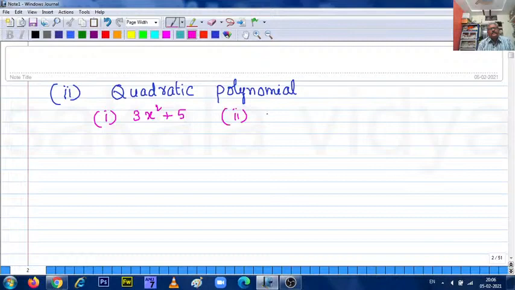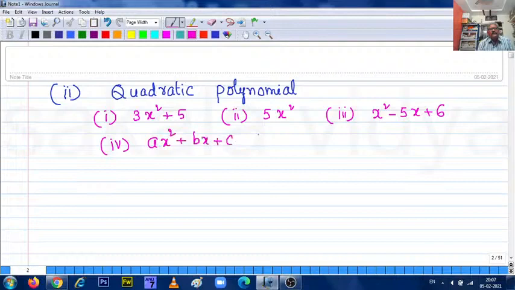Second example, 5x square. Third example, x square minus 5x plus 6. The general form of the quadratic polynomial is like this, degree is 2: ax square plus bx plus c, where a does not equal 0. So these are the examples for the quadratic polynomial.